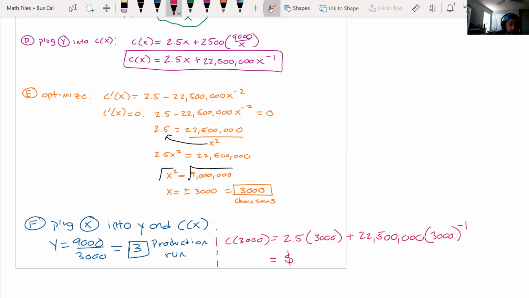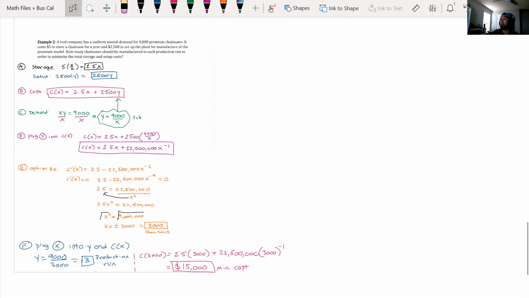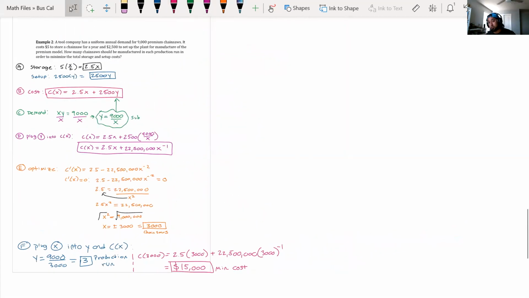And that should give me, I think, 15,000. Whew. All right. There we go. And that finishes optimization. Any questions on that example?